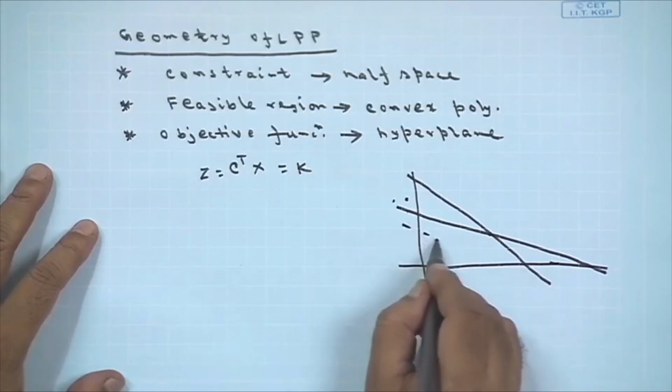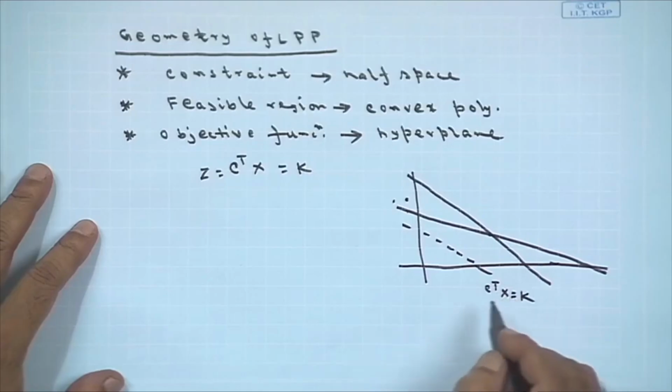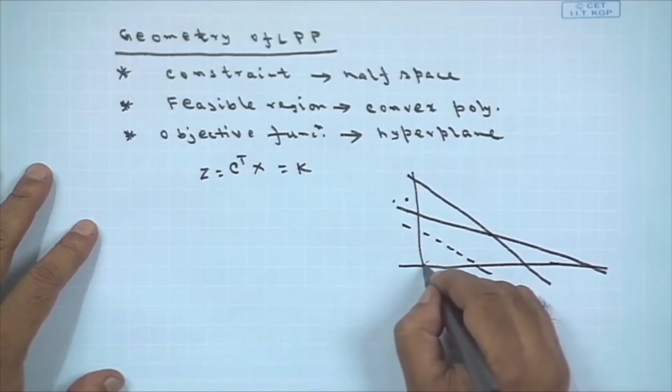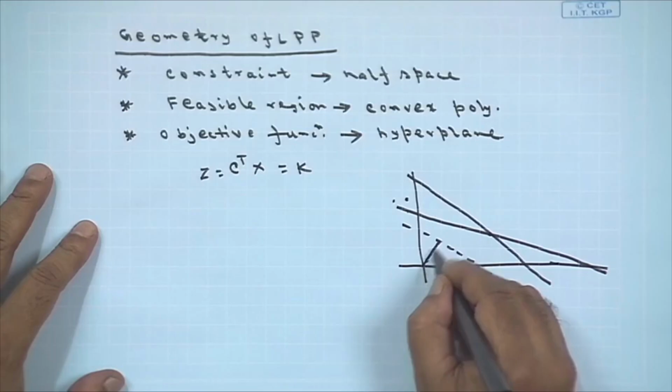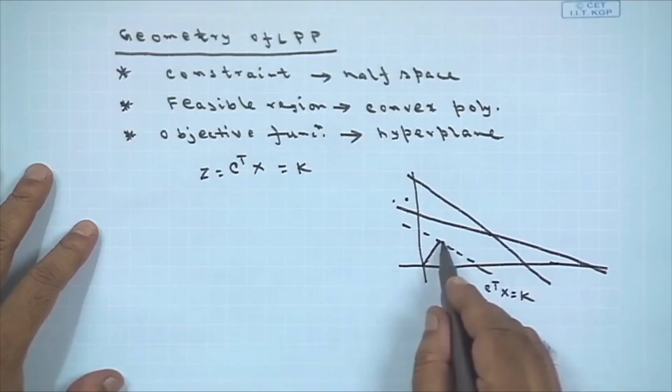If I draw a line this way, which represents C transpose x equals k, what is k? K is basically the distance from the origin to this line.